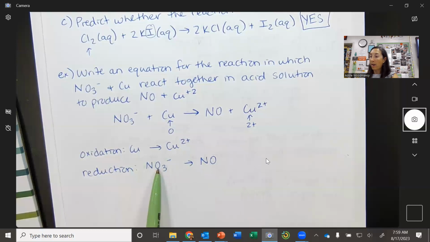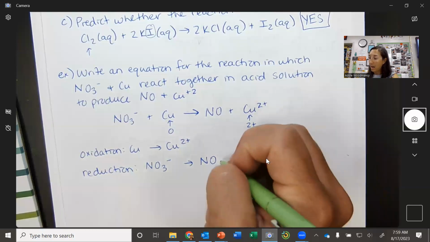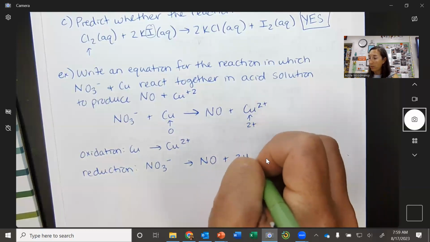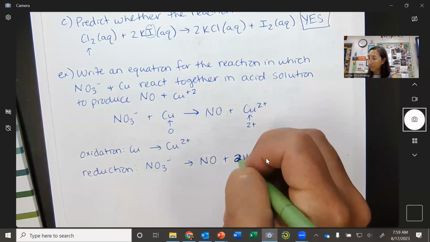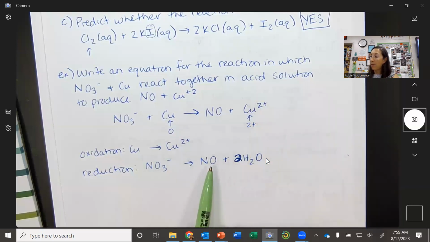Down here, though, I have 3 oxygens on this side and only 1 oxygen on this side. So I need to add 2 waters on this side. Because now I have 1 oxygen here, 2 oxygens from water, total of 3 to cancel with my 3 over here.